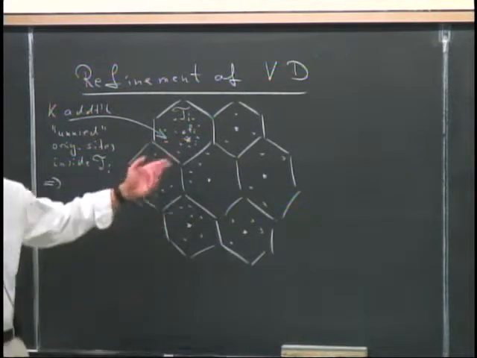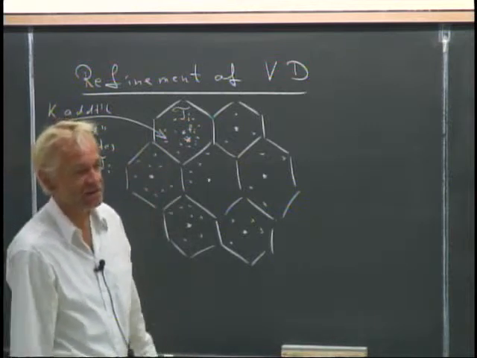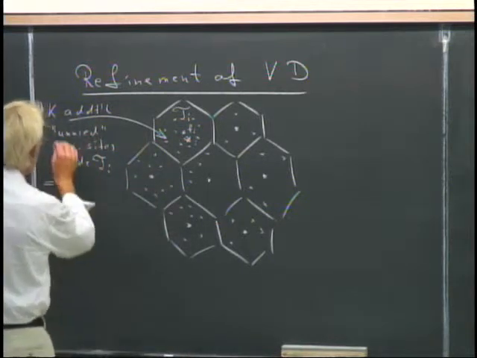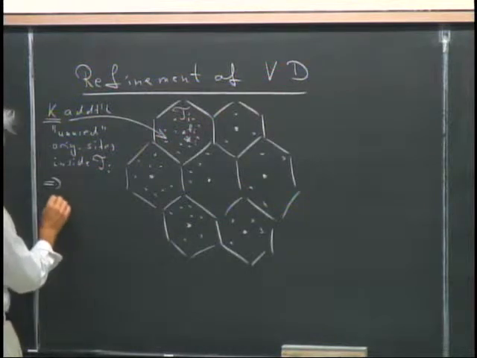Therefore, you can compute an error just for that tile, right? So if there are k, you could compute an error for this tile.